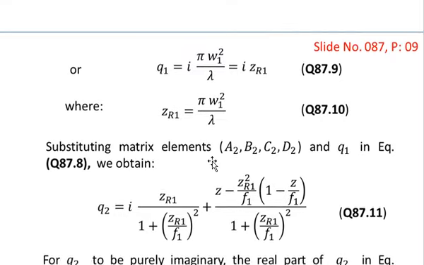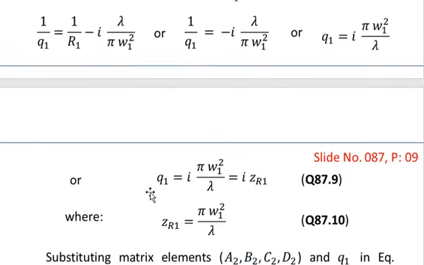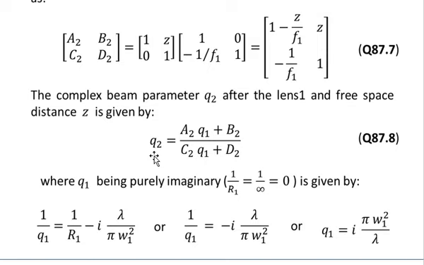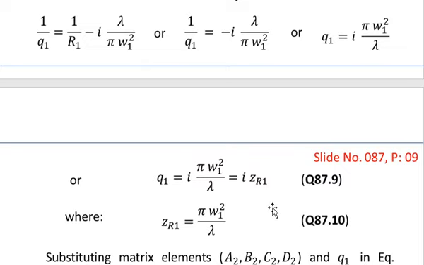Substituting matrix elements A2, B2, C2, D2 and Q1 in equation number 8, we obtain Q2. So you see that we have equation number 2. We can substitute the values of A2, B2, C2, and D2 from equation number 7, and we can also substitute the value of Q1 in terms of the parameter ZR1.